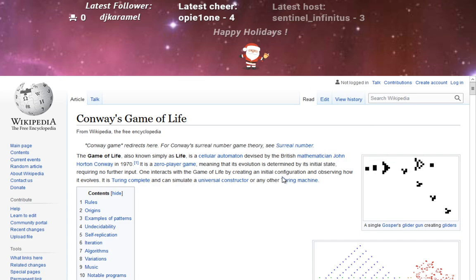Conway's Game of Life. It looks like this plane is sending bombs down to the ground or something. Gosper's glider gun, creating gliders. That's cute.